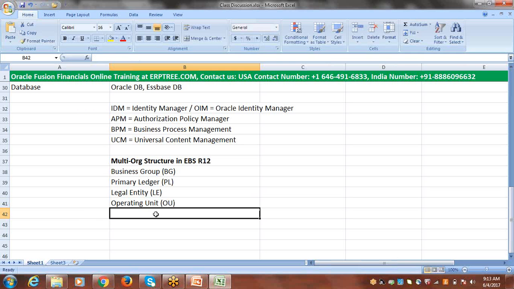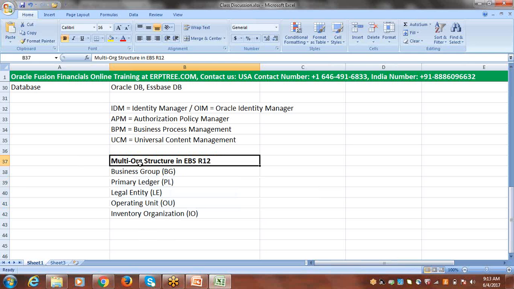Under operating units we can find the inventory organization, IO. So this is how we have a multi-org structure. On the top level we have a BG, under BG primary ledger, under primary ledgers LEs, under LEs OUs, under OUs inventory organization.